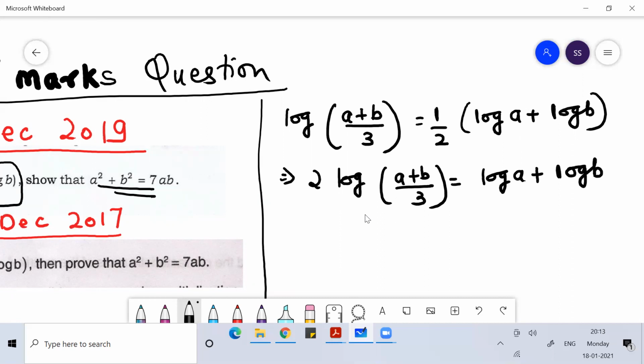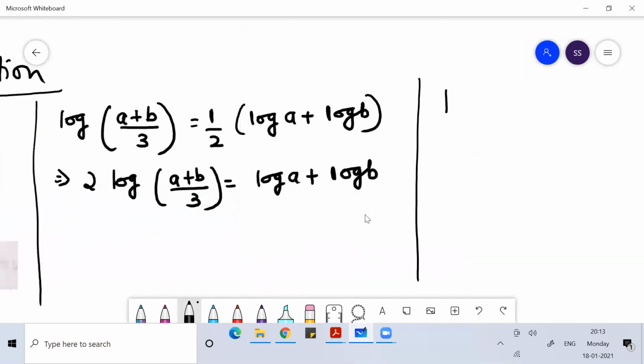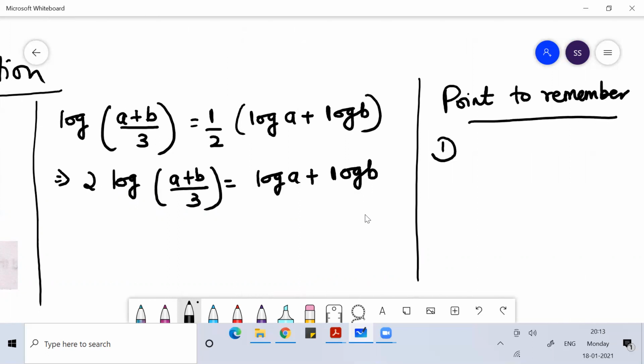Okay, everyone, so everyone knows the properties of log. What are the points you need to remember when we are working on logarithm? You know that log of a to the power x is equal to x log a. So x log a I can write as log a to the power x.